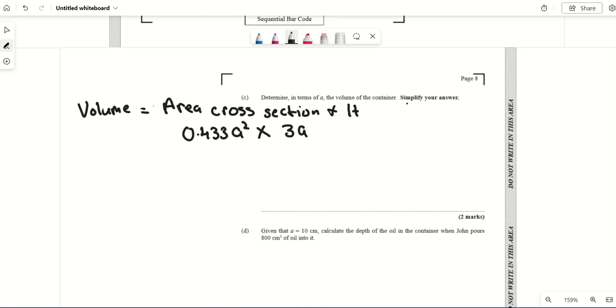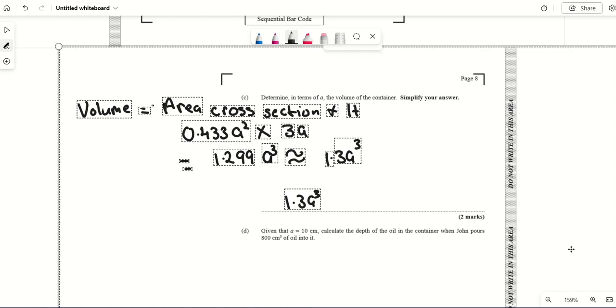When we multiply this, this is going to be equal to 1.299. You just multiply the numbers, and then a squared by a is equal to a cubed, which is approximately 1.3 a cubed, and that is your answer right here, 1.3a cubed. You just need to remember when they ask you for volume, it is the area of your cross section multiplied by the height of the, in this case, oil container.